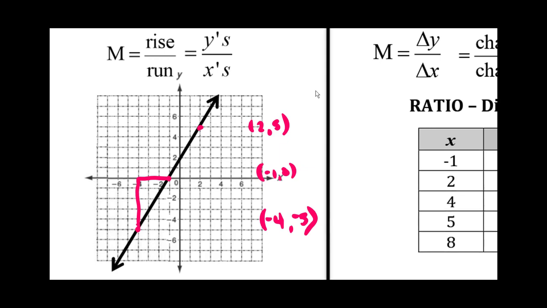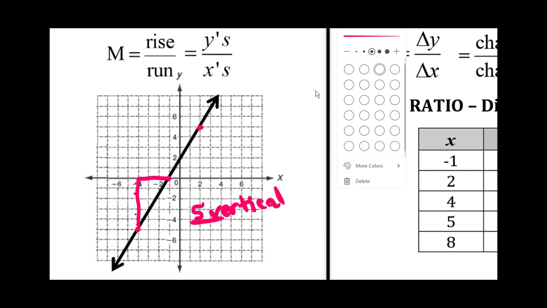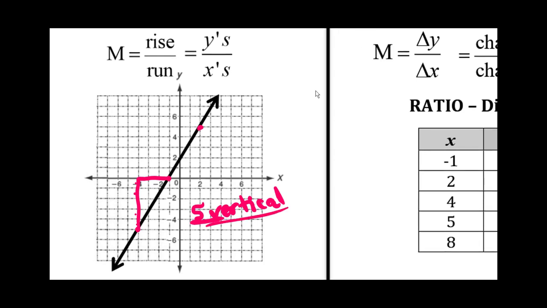And when I count 1, 2, 3, 4, 5, 5 is the vertical side. I'm going to abbreviate 5 for V, vertical. And when I count the horizontal side, that's 3 horizontal.